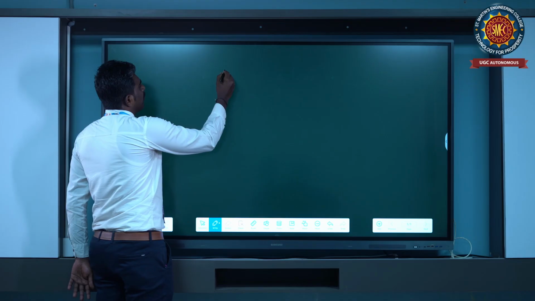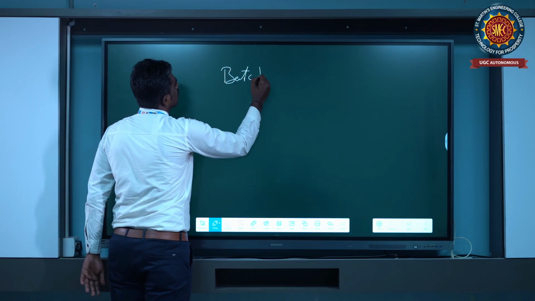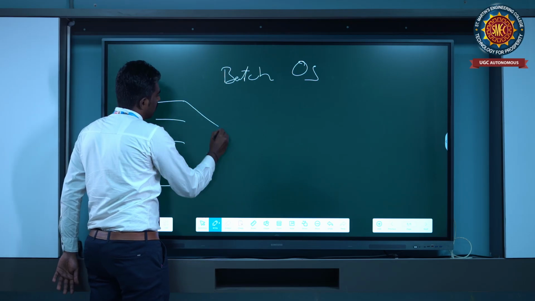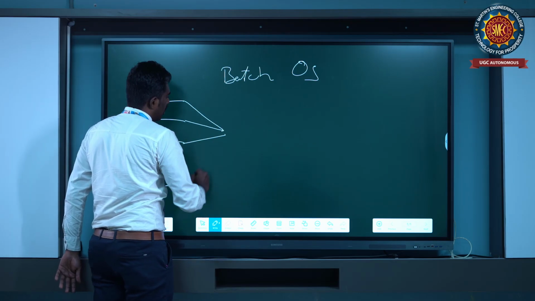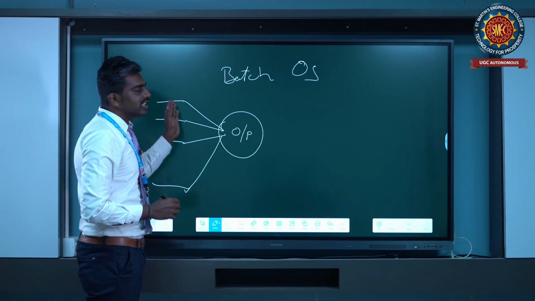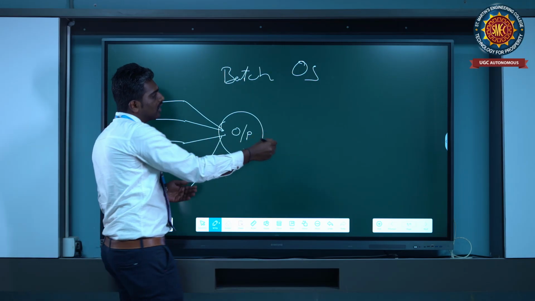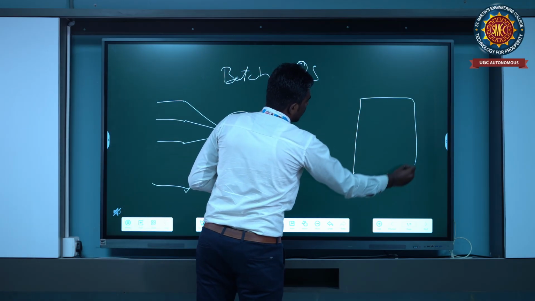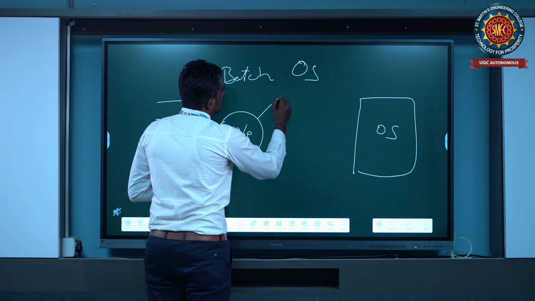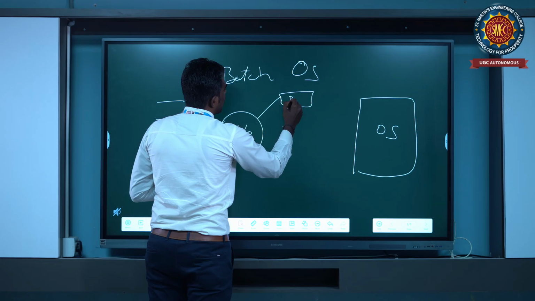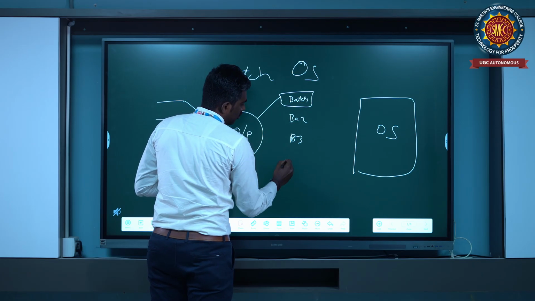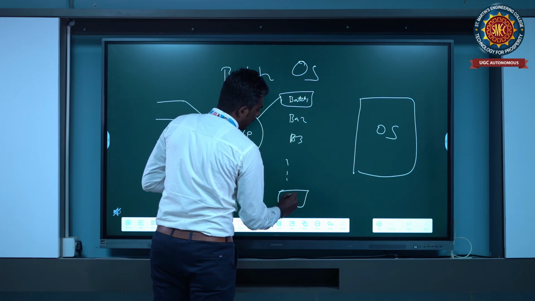And batch operating system, where multiple users implement their processes in the operating system. The user does not communicate directly with the operating system; there is an operator. The operator segments the jobs batch-wise: batch 1, batch 2, batch 3, and n number of processes go to batch n.